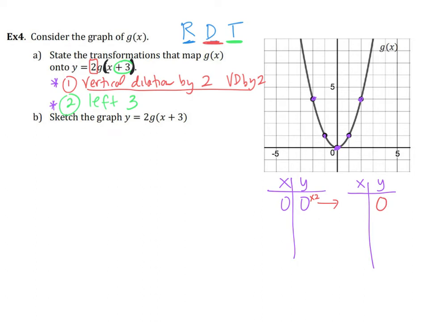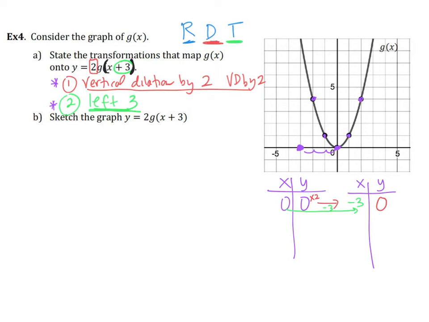So my y value, the distance from the x-axis, can't change, it just stays 0. And my x value, I have to shift to the left 3 units. That just means I'm going to take the 0 and subtract 3, so this becomes -3. So all I do is take this point and go left 1, 2, 3 units. That's where my new point is.